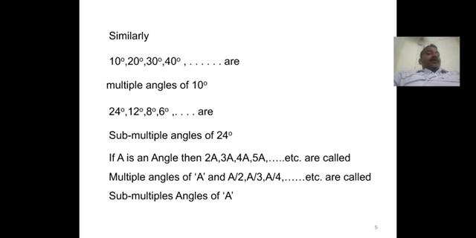Therefore, if A is an angle, then 2A, 3A, 4A and so on are called multiple angles of A, and A by 2, A by 3, A by 4 and so on are called submultiple angles of A. I repeat once again, if A is an angle, then 2A, 3A, 4A, 5A and so on are called multiple angles of A, and A by 2, A by 3, A by 4 and so on are called submultiple angles of A.